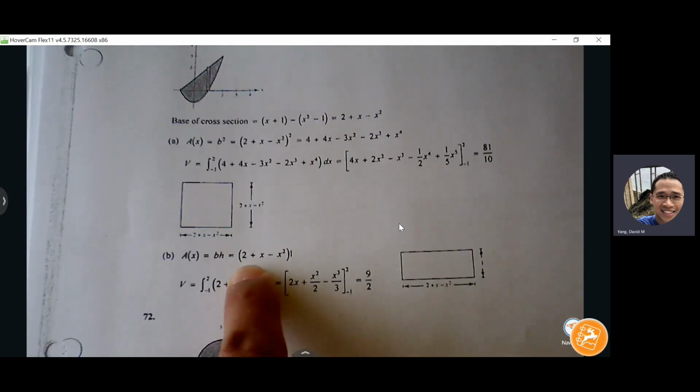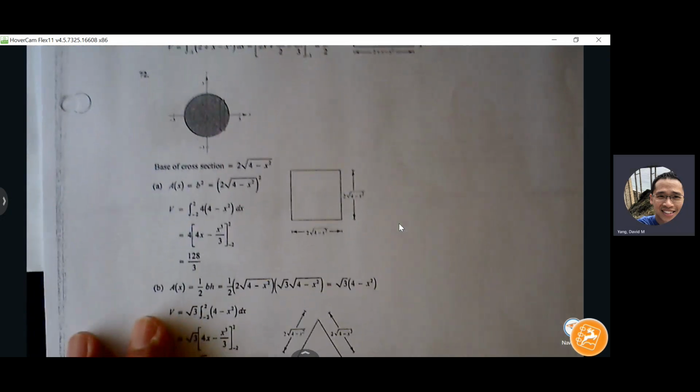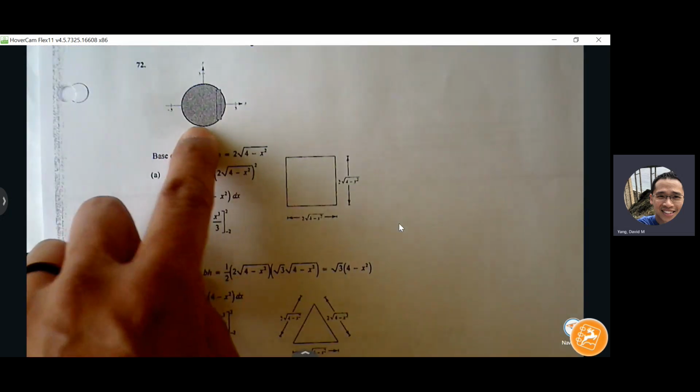When it says rectangle of height 1, then you're just going to do base times height. So the base is top minus bottom, and then the height is 1. So basically it doesn't feel like anything is done to it. It's just times 1.